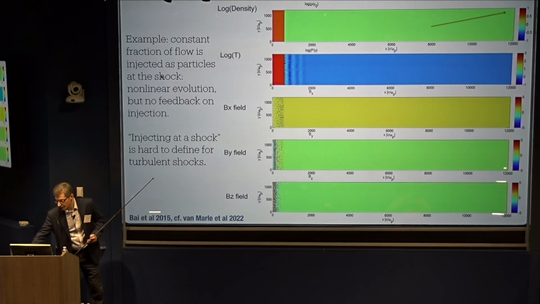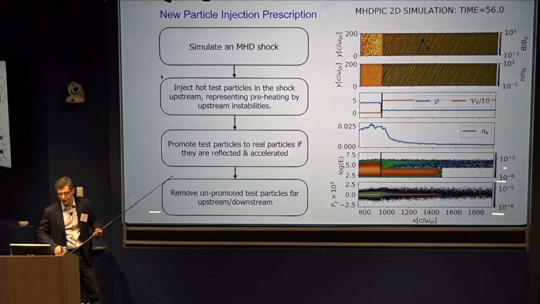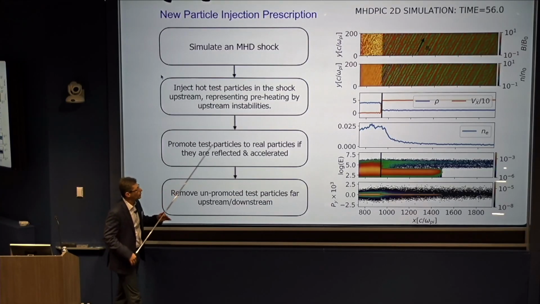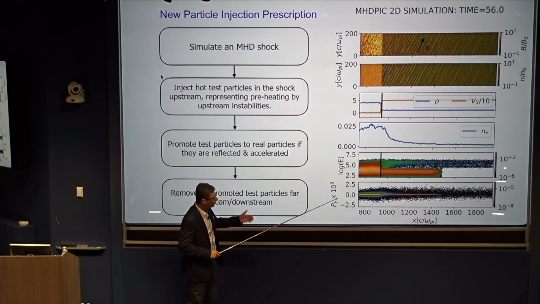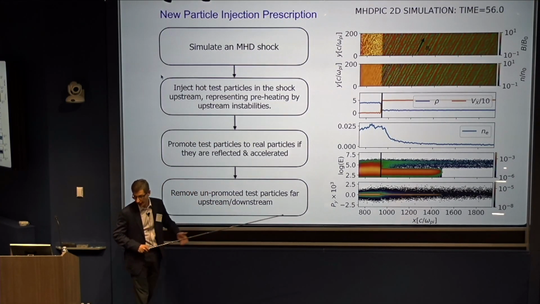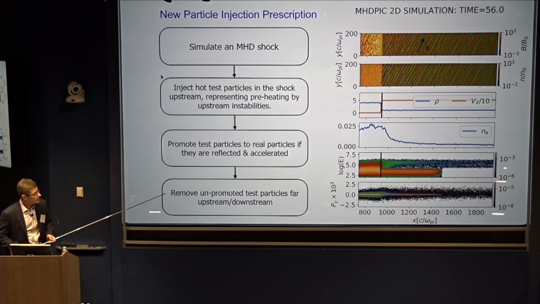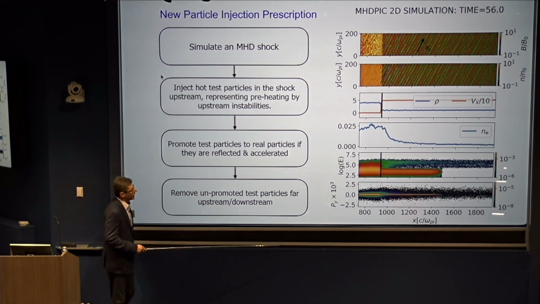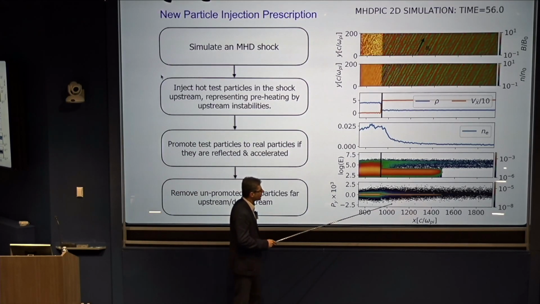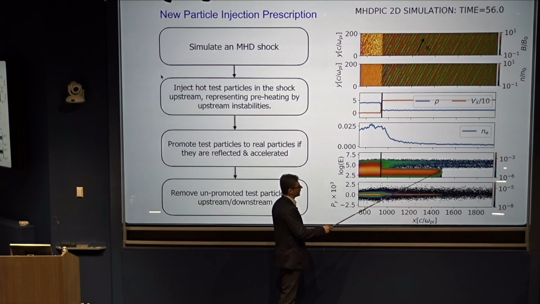And what we've tried to do recently is to somehow prescribe a way for the shock to self-inject, and to control how many particles it prefers to inject. So among several prescriptions, we inject test particles in front of the shock. They're not doing anything to the flow.